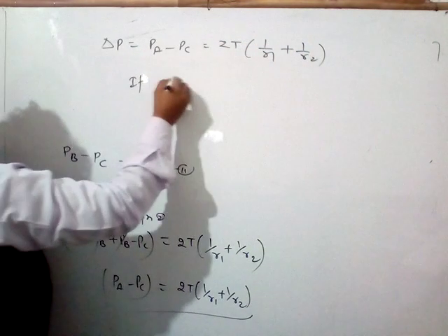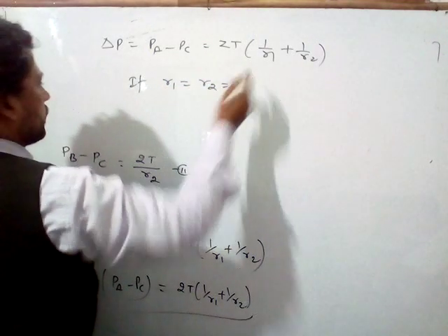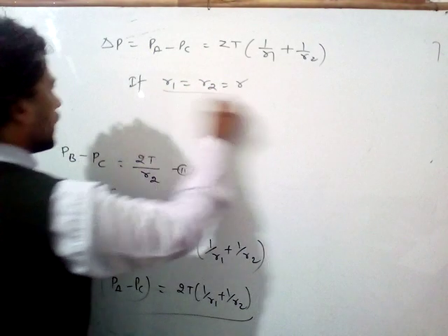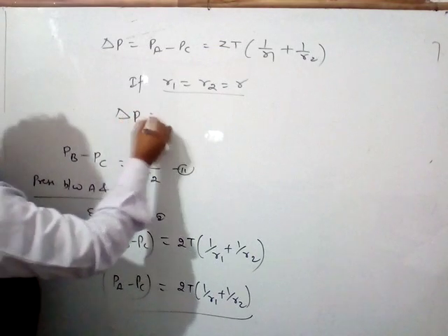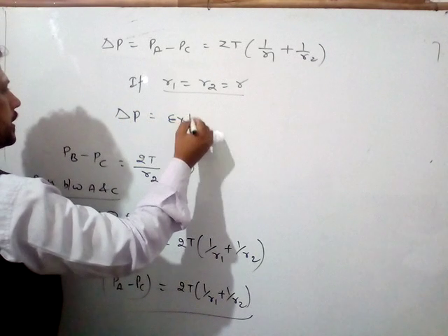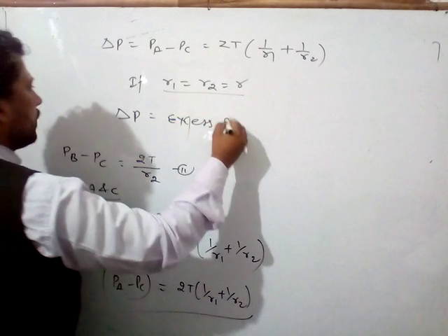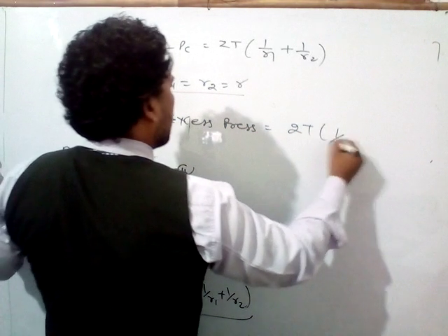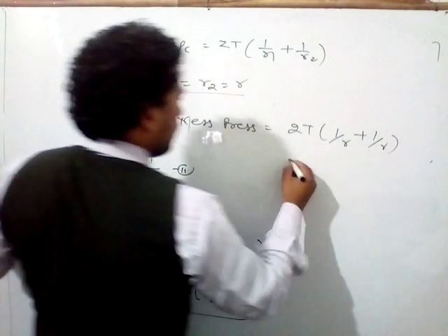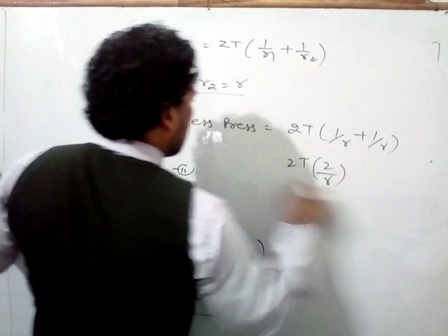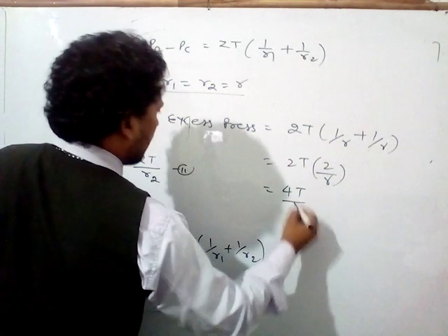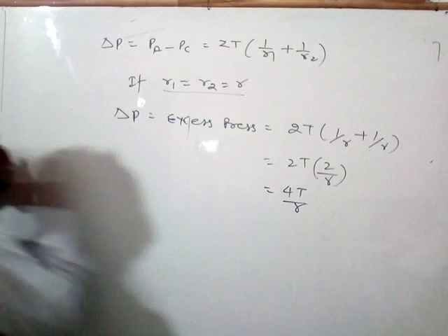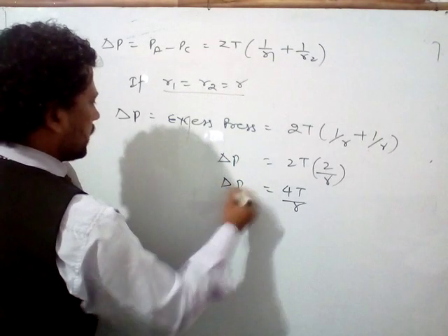And if r1 equals r2 equals r, since the thickness is very low, we can take both radii as equal. Then delta P, that is the excess pressure, is equal to 2T into 1 by r plus 1 by r, so 2T into 2 by r, and that is equal to 4T by r. So the extra pressure in the soap bubble is equal to this.